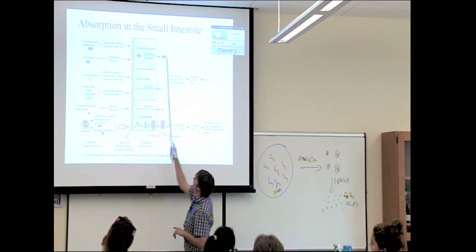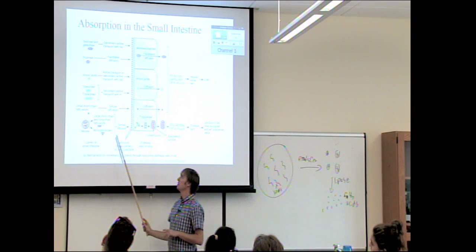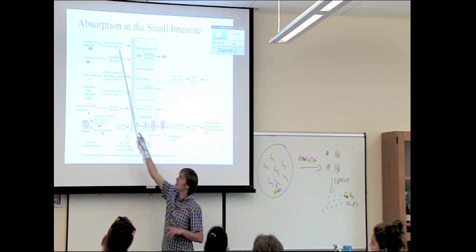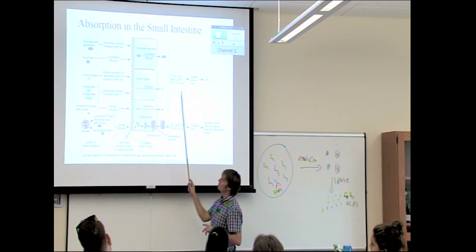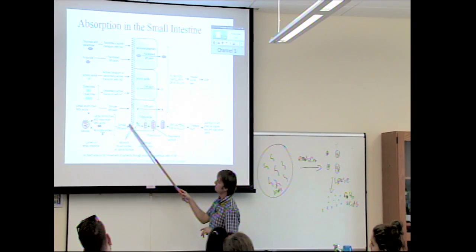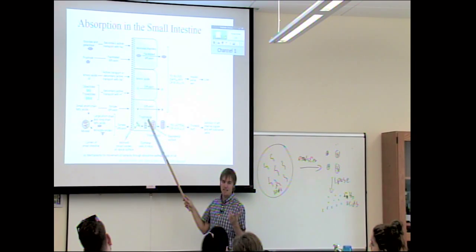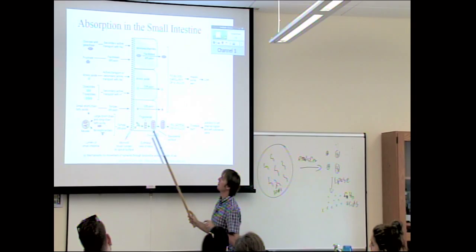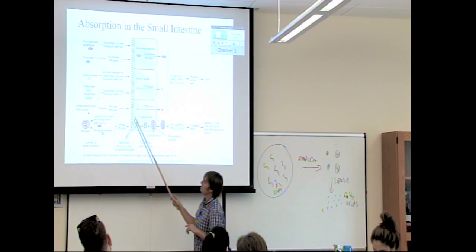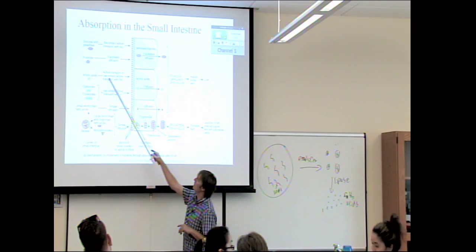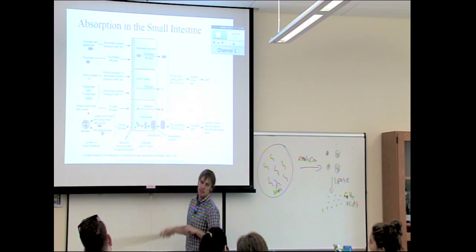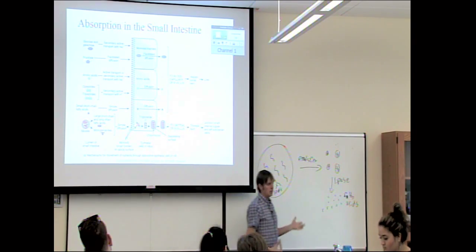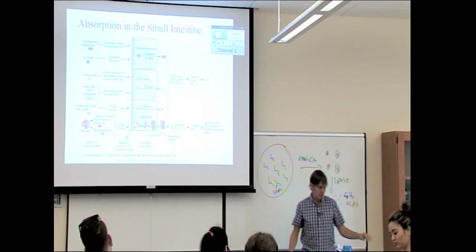So the blood's flowing past, the digestive stuff is flowing past here. You've got amino acids going by diffusion. The fatty acids that you broke down are coming in through diffusion. And you also have some things going in through active transport and facilitated diffusion as well. So you're using all three processes. Just wanted to point that out.